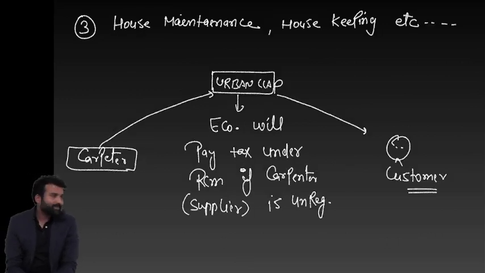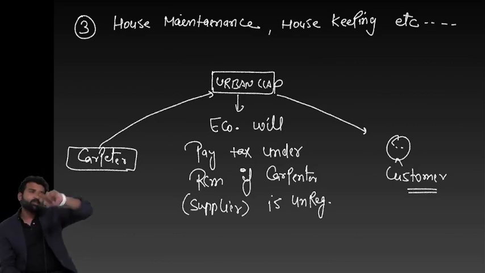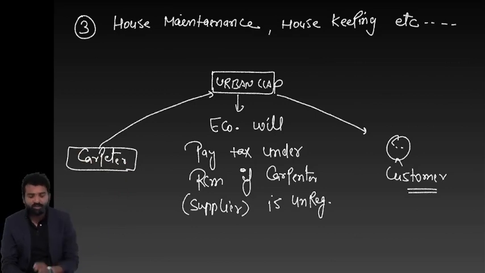Third case is regarding housing maintenance and housekeeping services. There is an app called Urban Clap. In case of Urban Clap, there is a clause that if the carpenter or any kind of housekeeping person is supplying goods or services through any e-commerce operator, again the e-commerce operator will pay GST, but again there is an if.